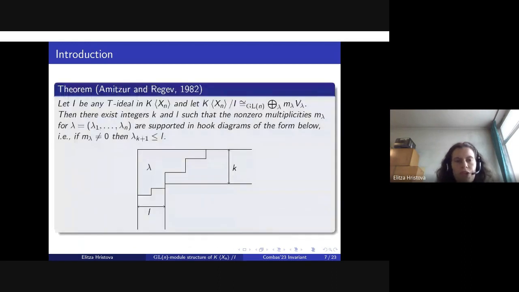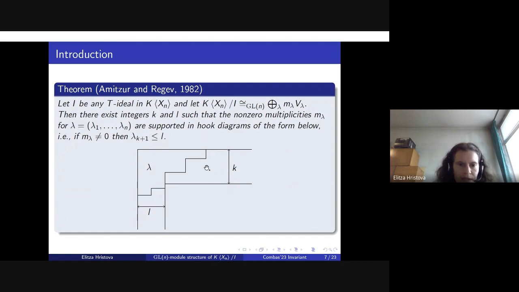Okay, this is what is known as explicit results for small values of P. And now there are some general theorems that give us bounds for the non-zero multiplicities for any T ideal. And the first one, let me recall it, is the theorem by Mitsur and Regev. It says that for any T ideal, there exist integers k and l, such that all non-zero multiplicities in the decomposition as a GLN module are supported in this hook diagram.